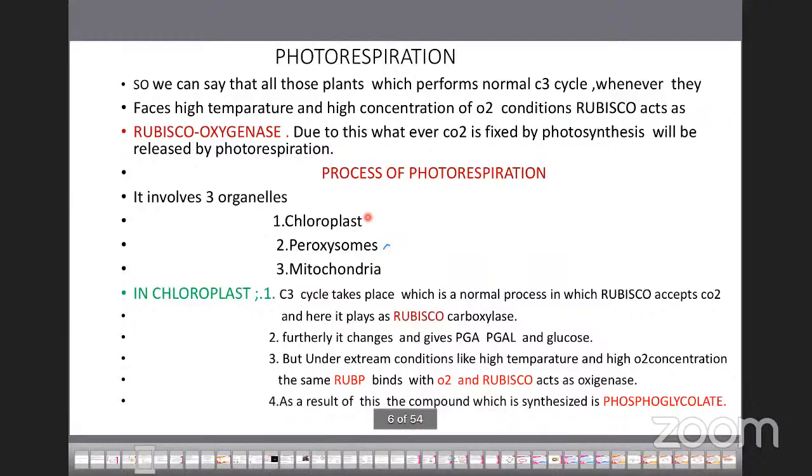So once again, try to remember, in the chloroplast, under extreme conditions like high temperature and high oxygen concentration, RUBP binds with oxygen in the presence of RUBP oxygenase and results in the synthesis of phosphoglycolate. And this phosphoglycolate turns into glycolate, and this glycolate diffuses into peroxisomes. Now, let us see the changes in peroxisomes.